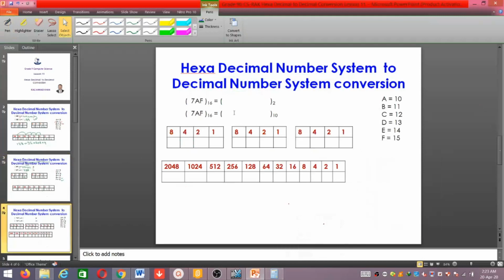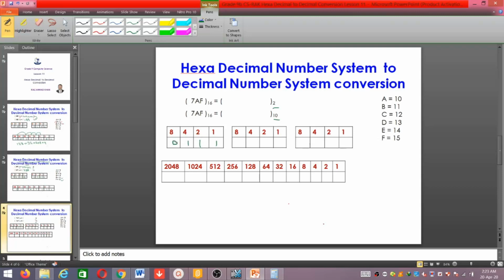This time I have 3 hexa digits and I want to convert them into decimal, but first I will convert them into binary. So 7. How do you get 7? You get 7 like this: 1, 2, 4. 1 plus 2 is 3 and 4 is 7.